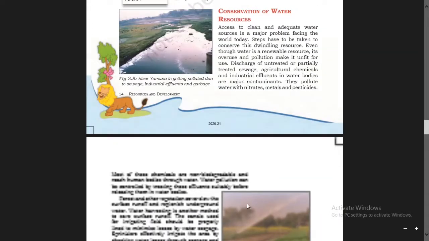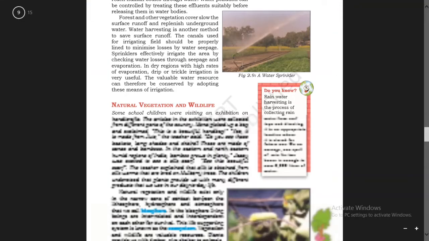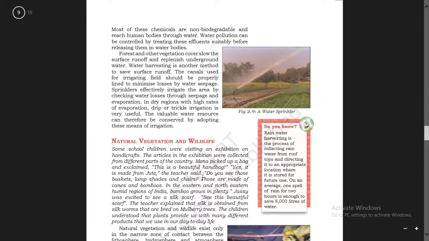Now let us proceed to the next page of the chapter, page number 15. Most of these chemicals are non-biodegradable and reach human bodies through water. Non-biodegradable means waste that cannot be decomposed by biological ways.